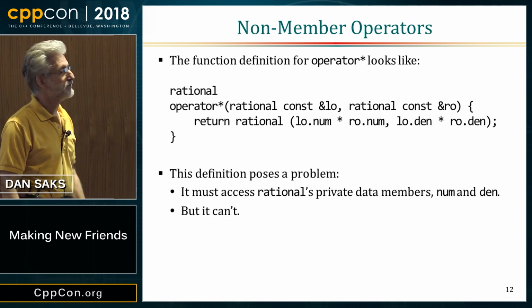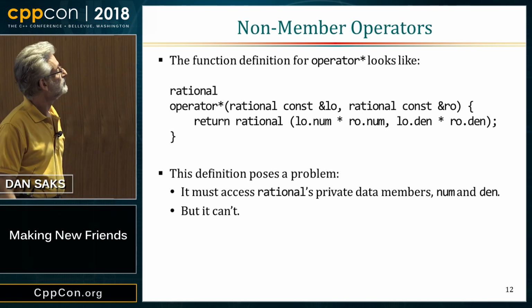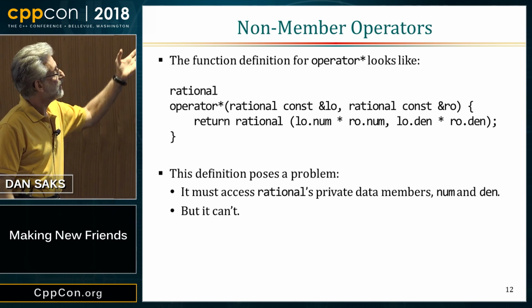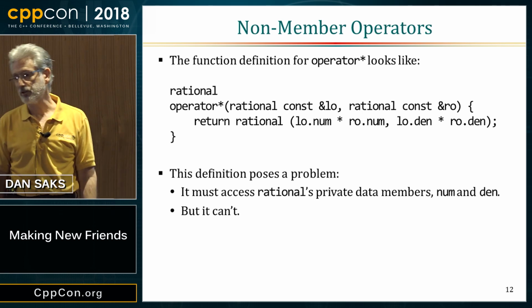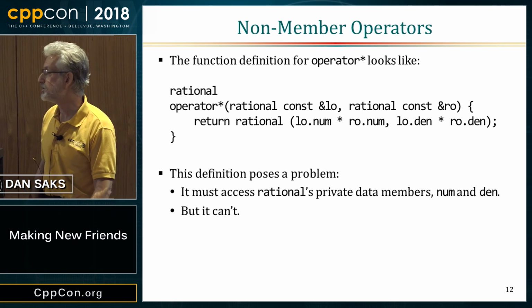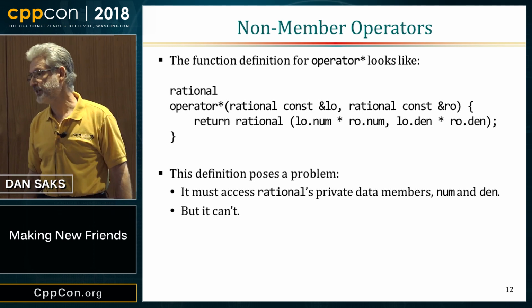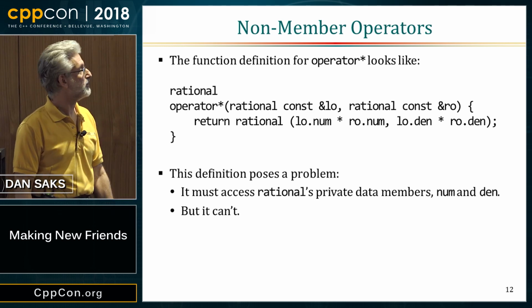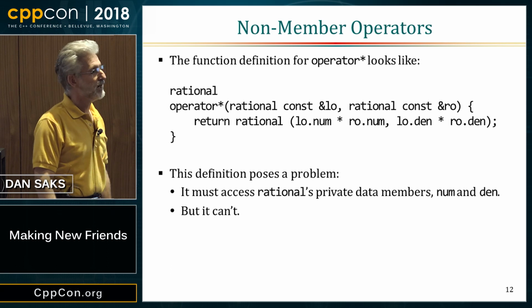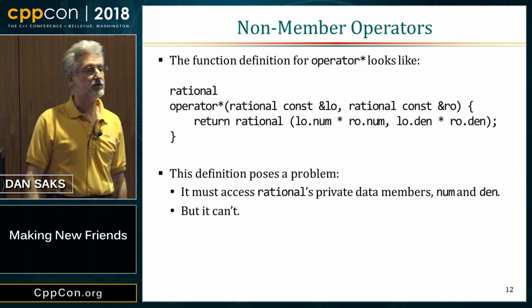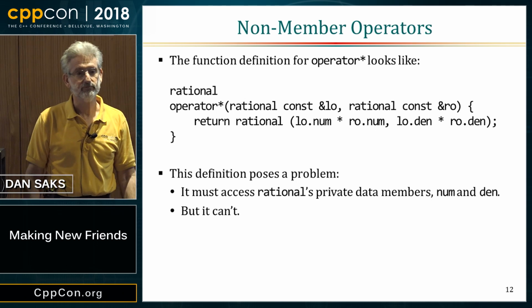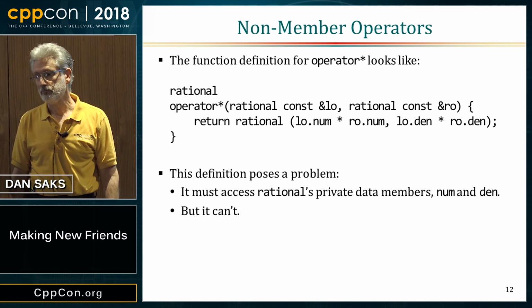Now, the implementation is fairly simple and straightforward. It's just return a rational constructed by multiplying the numerators and multiplying the denominators. Implementation is really pretty trivial. But the little twist here is, this is now a non-member function, and it's implemented by referring to private data in the class, and that's an access problem.